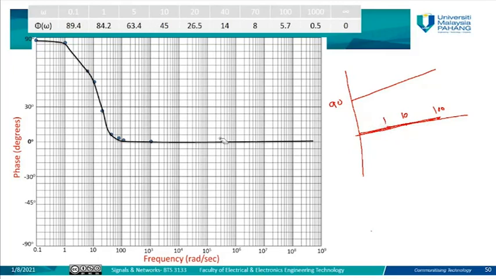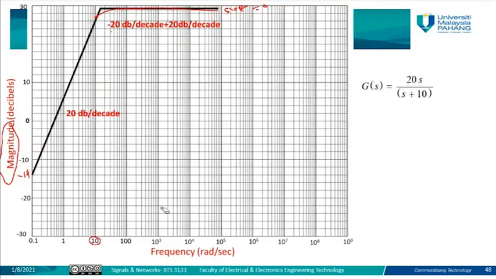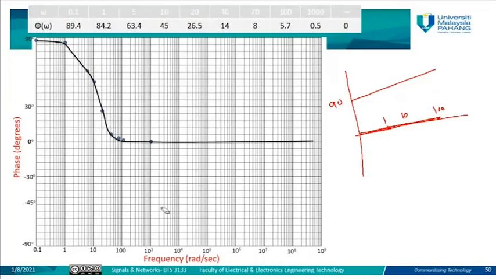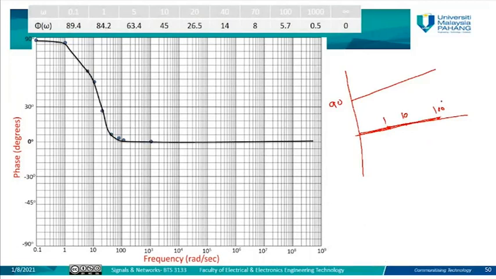Omega 1 is equal to 10 in this example, so when we say omega 1 over 10, it will be 10 over 10, which is equal to 1. Then we have the second one, which is omega 1, the value of the pole, which is 10. Then the third point is 10 omega 1. This one is 10 omega 1, this one is omega 1, this one is omega 1 over 10. Okay, so these are the 3 points for changing frequency and changing the phase.